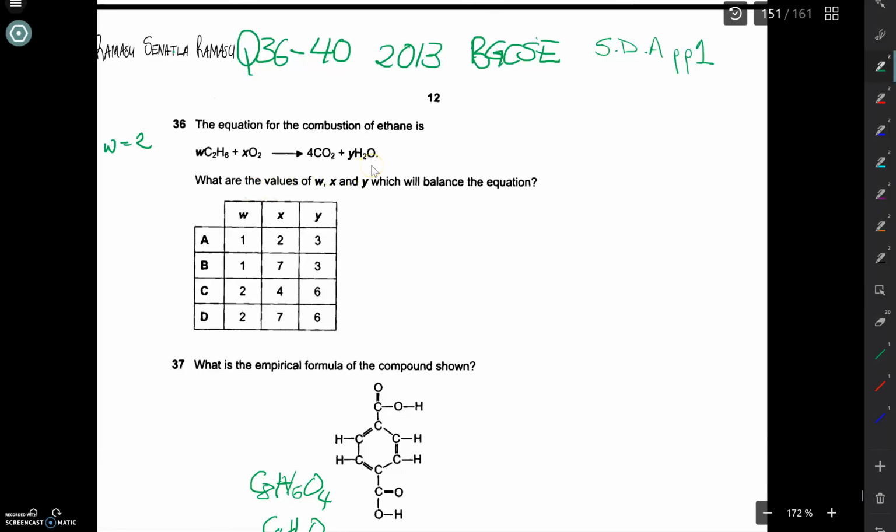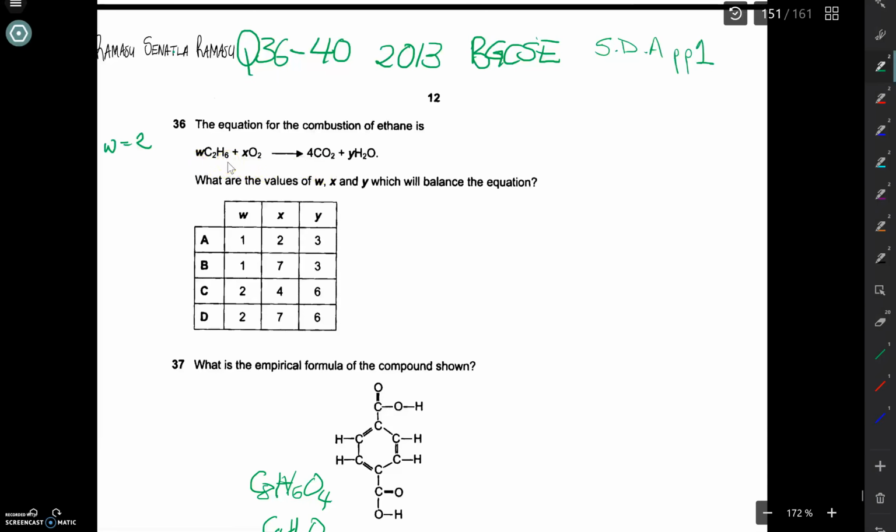Okay, so we also have to make sure that however many hydrogen atoms we have on the right side, or the product side, we have the same number of hydrogen particles on the left side, or the reactant side, right?